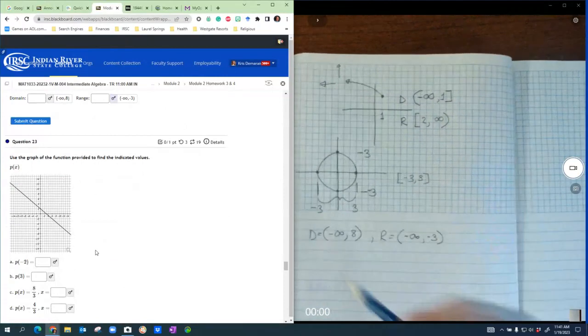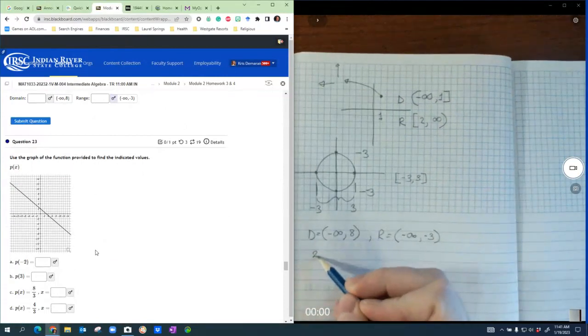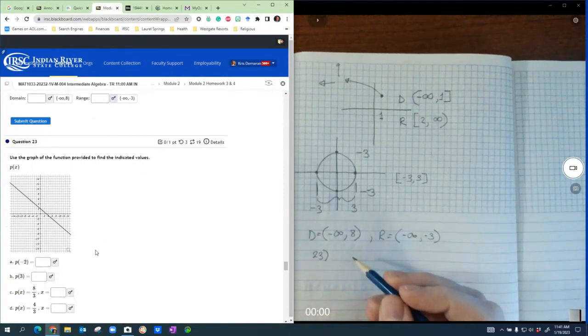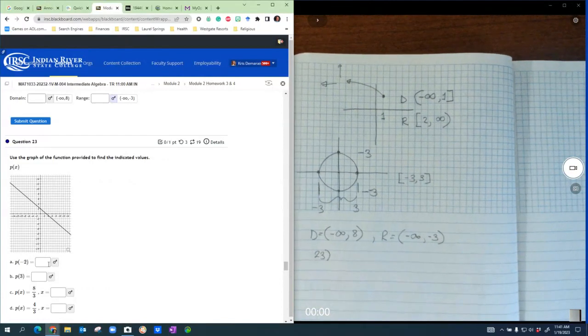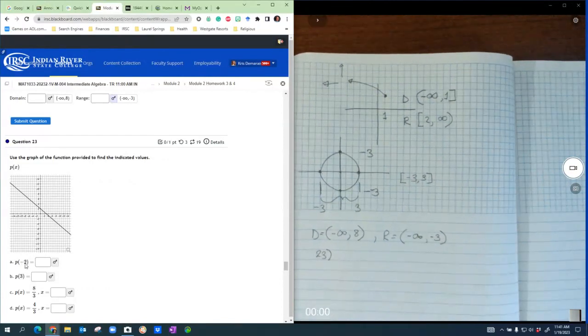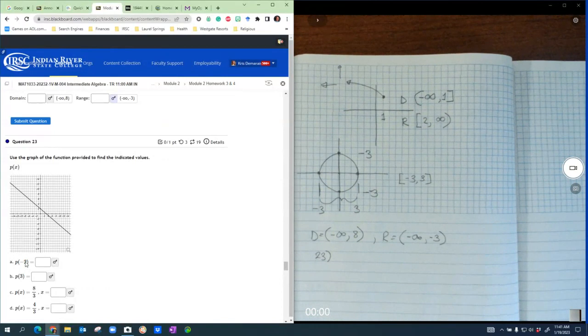For 23, now we're looking at 23. We have now a system of input creates output. Remember, this is a function. So I'm looking for what is the output when I put -2 into this equation.